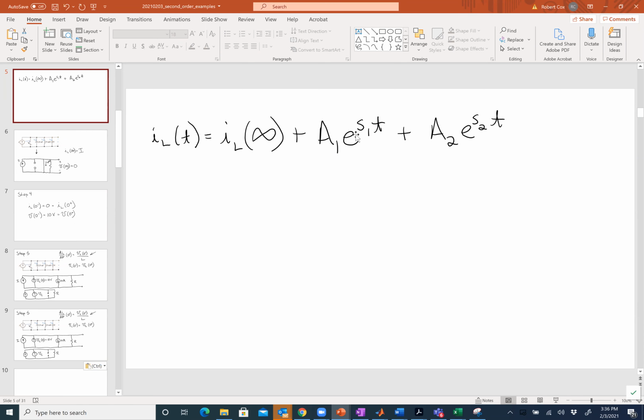The process we're doing here uses the physics to figure out what our initial conditions would be. In differential equations, they would have told you IL of 0 is whatever number and dIL/dt of 0 is whatever number. Okay. Yeah. All right.